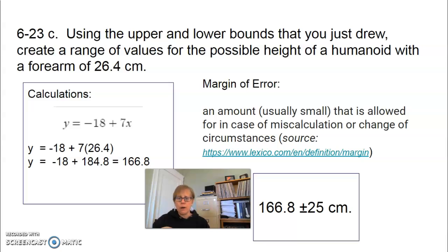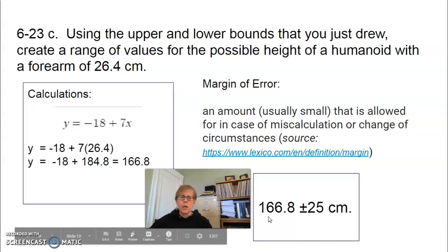A margin of error allows for some miscalculation. If you look over here at the lower right, all I did was write what I got, 166.8, and then plus or minus 25 centimeters. That means my margin of error is 25 centimeters on either side.